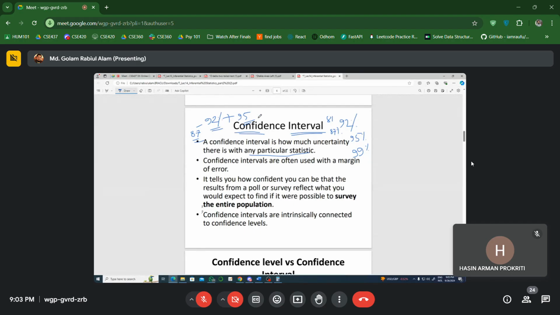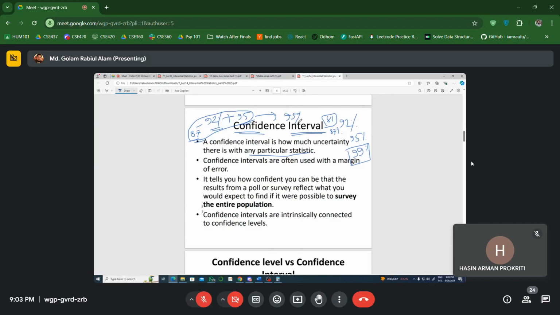But to set this interval, we also have to consider that sometimes you got 81%, sometimes you got 99%. So for that you have to say that we receive the result within this interval maybe 95% of the time.